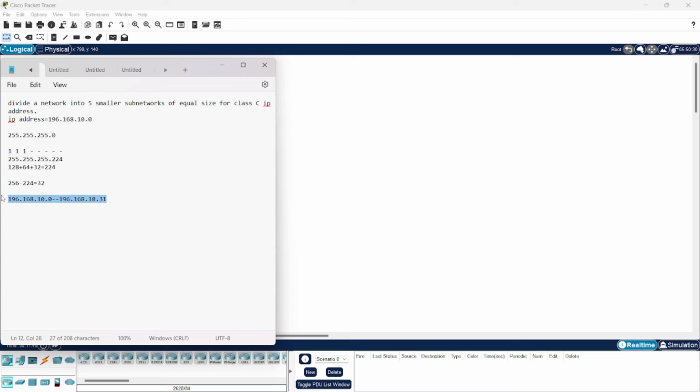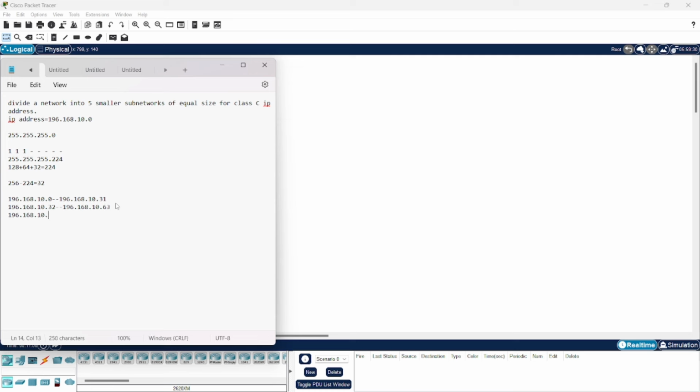This would be the range of the first subnetwork. For the next subnetwork, I would start from 32 and then add 31 to this 32. We would get 63.